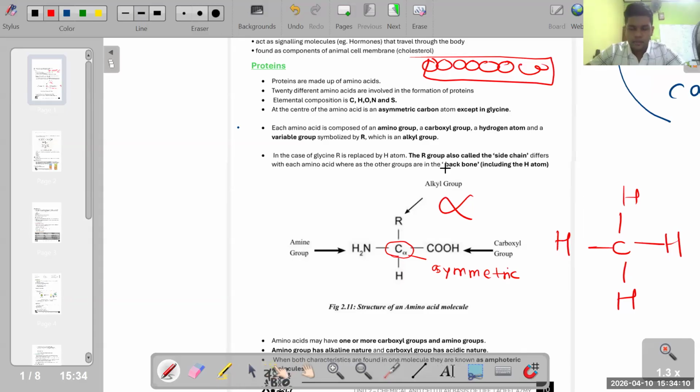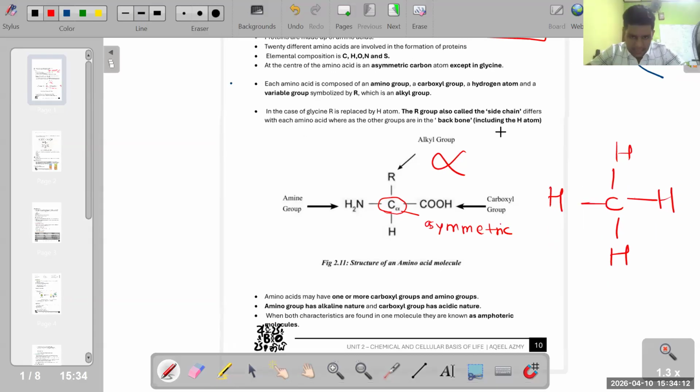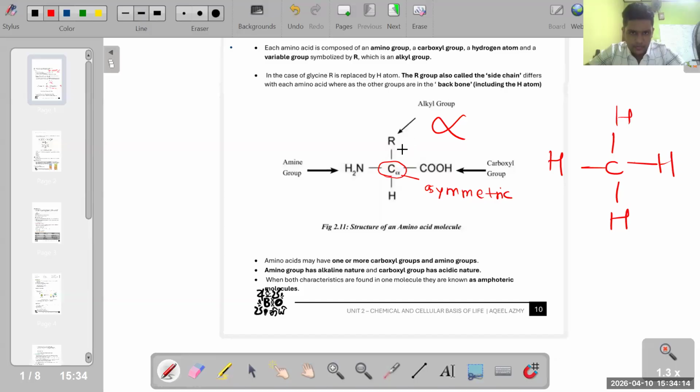Okay. Now my question was, just think, if I remove this R and instead of that R, what if I replace it with a hydrogen atom. Now tell me whether this structure is asymmetric, which means whether this carbon is asymmetric or not.